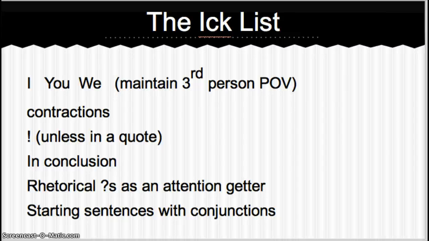Rhetorical questions may be utilized in the body of your essay, but do not use them as an attention getter. In addition, starting sentences with conjunctions should be avoided. The conjunctions are known as for, and, nor, but, or, yet, so.